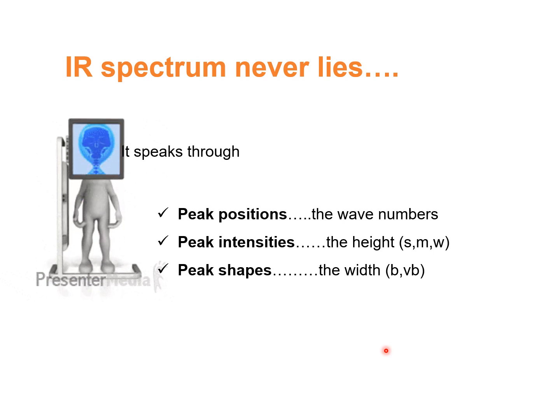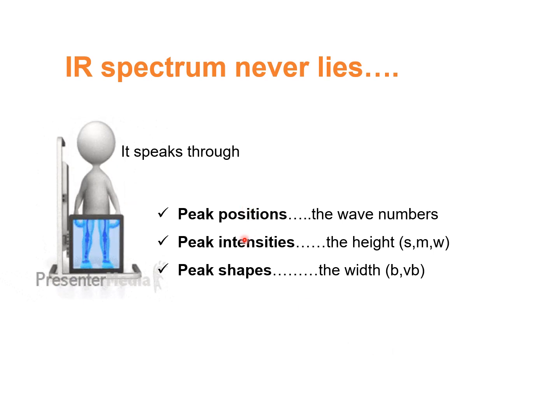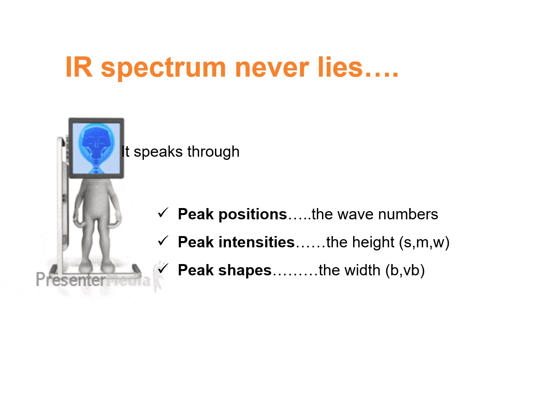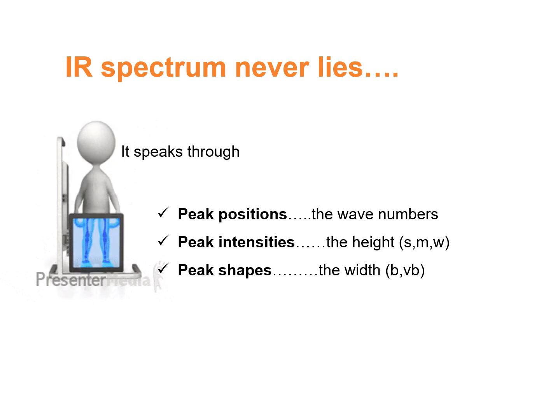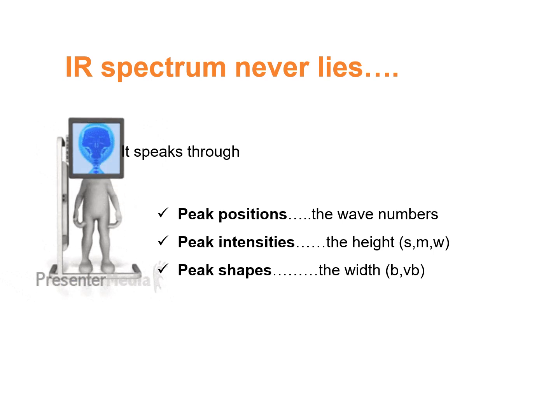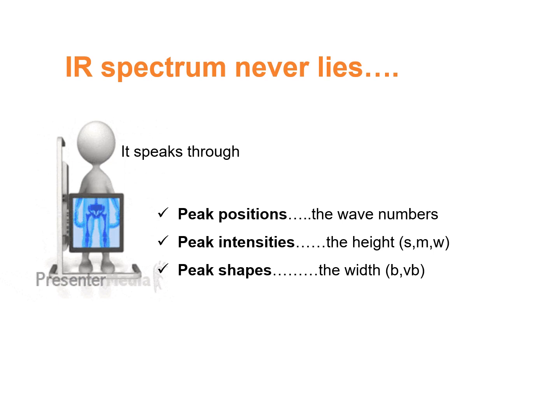So rather than just reporting the numbers, you need to also look at how that peak looks like. And IR literally scans the compound, so nothing is hidden. And if your sample preparation is good, IR spectrum will never lie. It will reveal those minute details about your compound very quickly, which is not possible by other techniques.